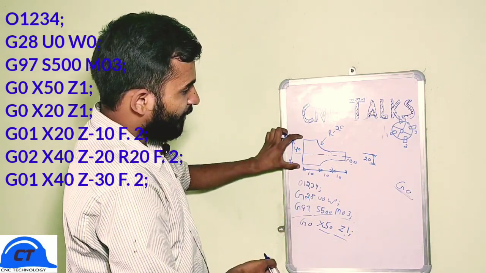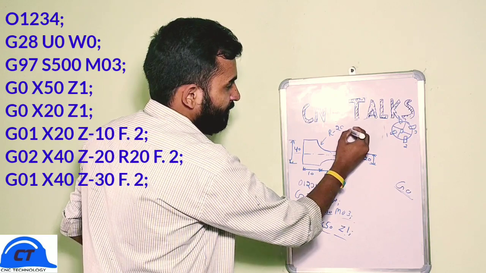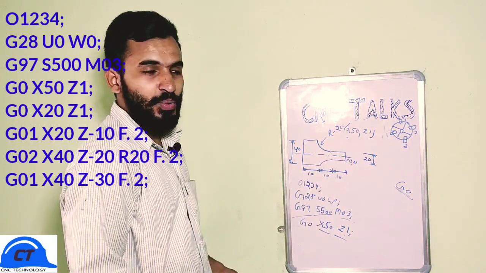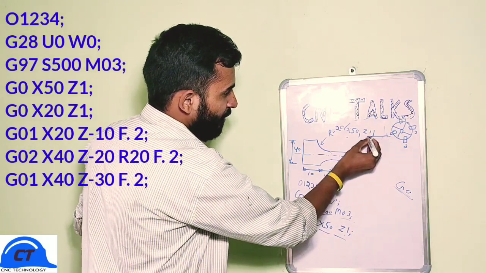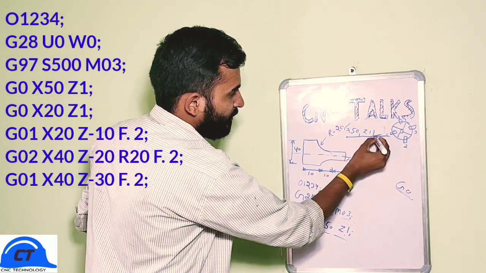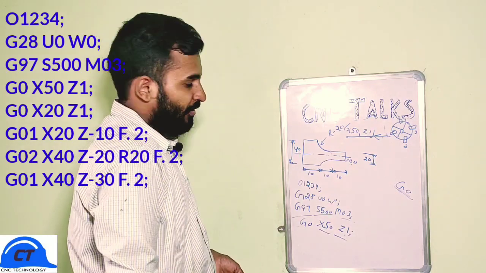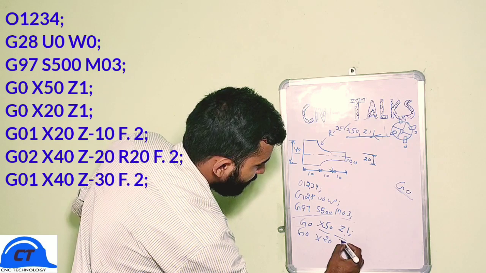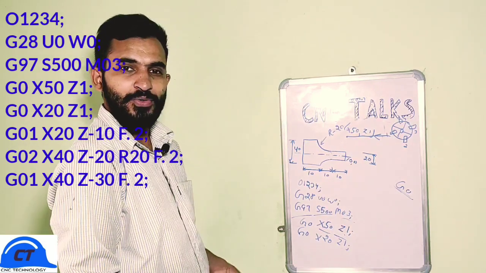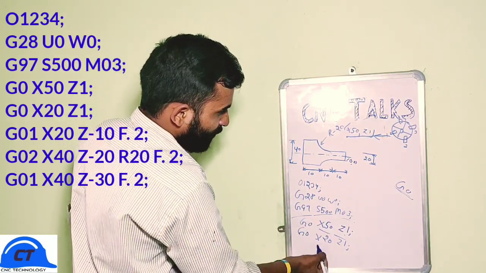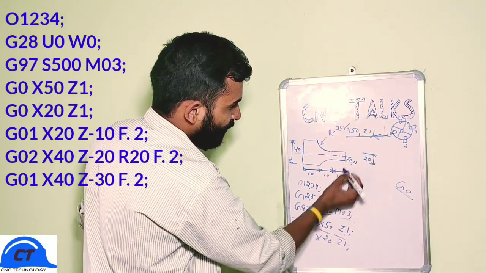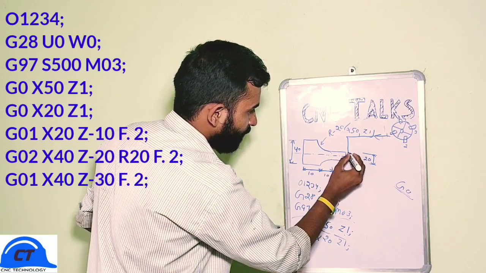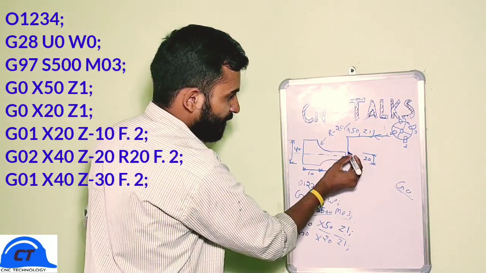So this is 40, so around here this is X50 and Z1. So our tool will rapidly jump to this position. After that, we can again use G0, X20, Z1 to call the tool even closer. So X20, which is here, and Z1 approximately here. So our tool jumps directly to this position.